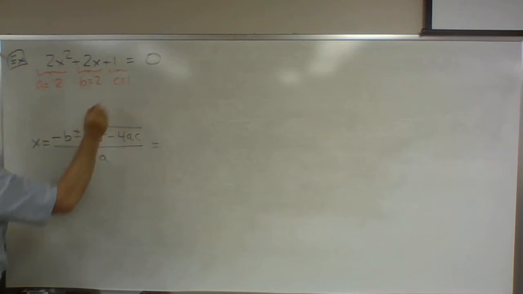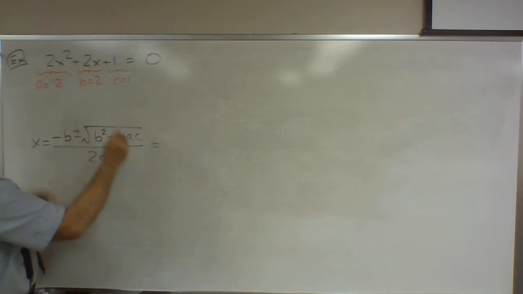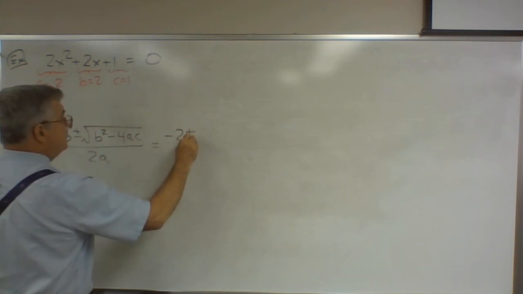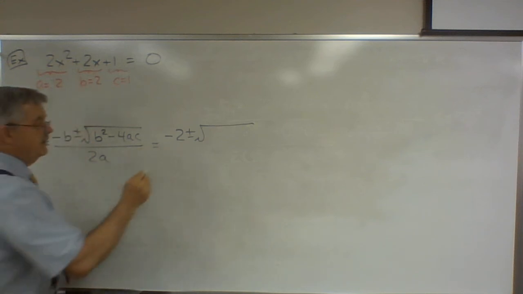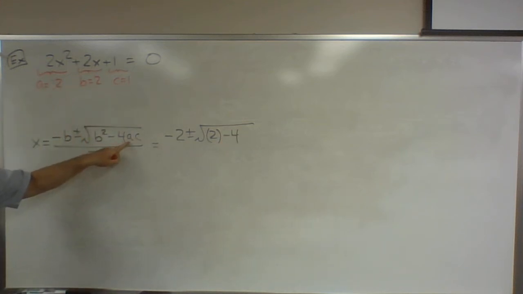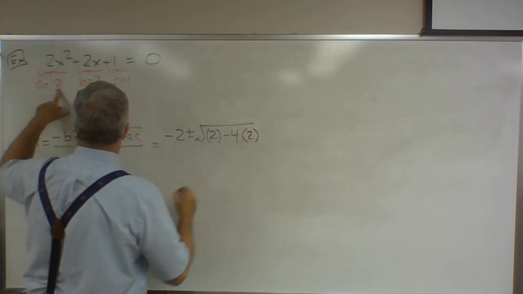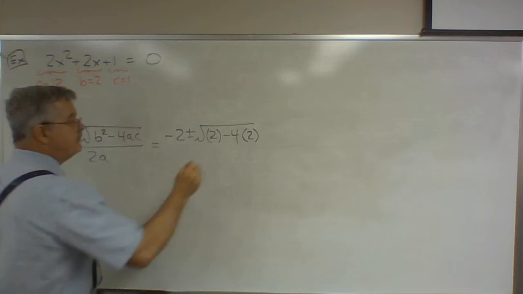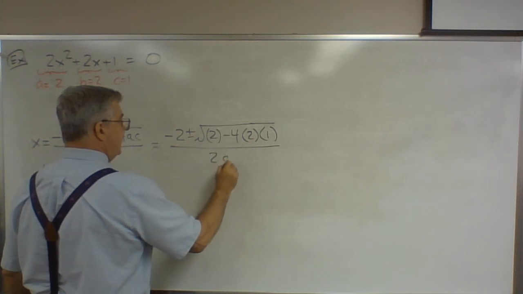And c is the constant term. So let's plug these things into our example. Negative b, that's negative 2, plus or minus b squared, so that's 2 squared, minus 4ac, a is 2, and c is 1, all over 2a.